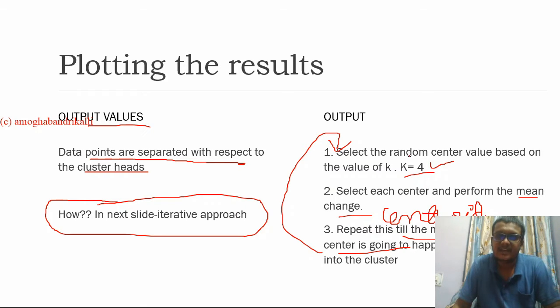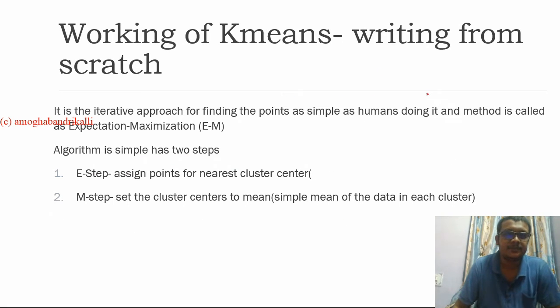Initially the random center value is taken. After finishing one iteration, based on the observation of the splitting or spreading of the data, it is going to change the centroid or center value. So we can see here the working of K-means, and we are going to write this from scratch. K-means working is very simple to understand.